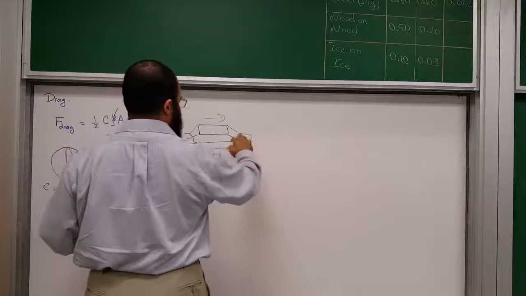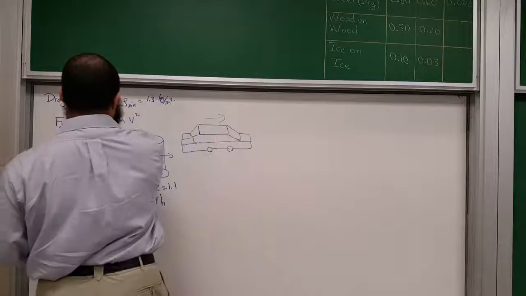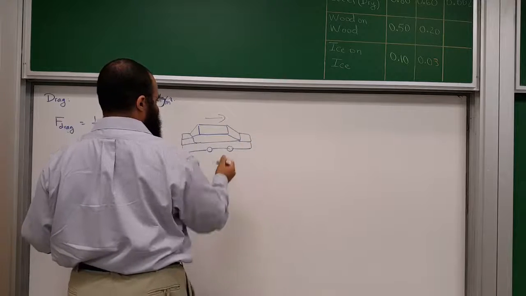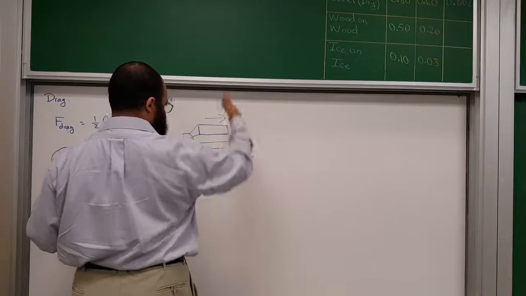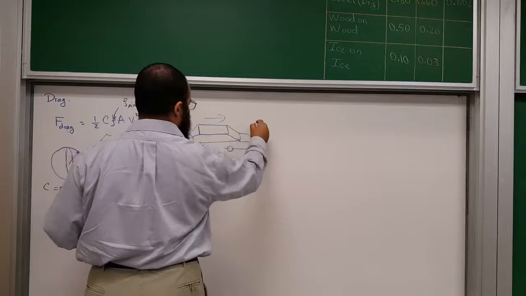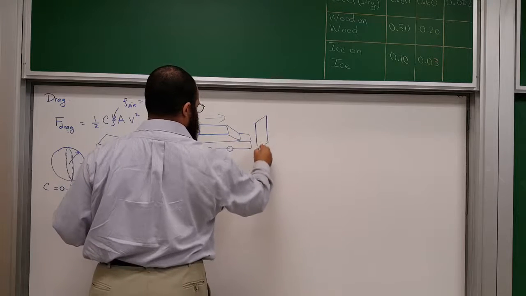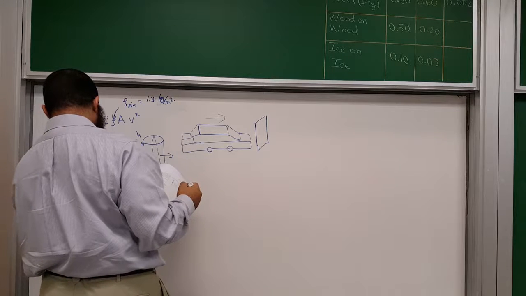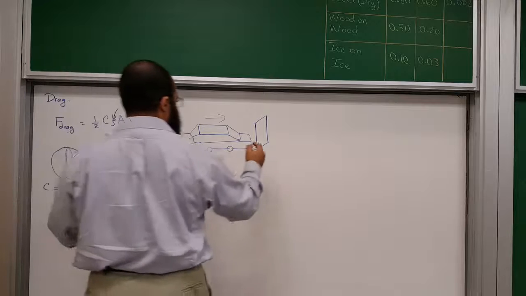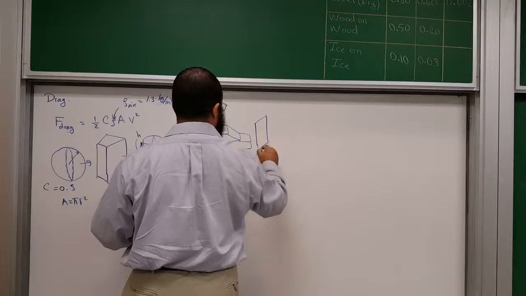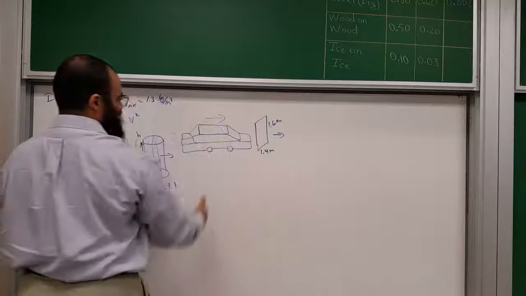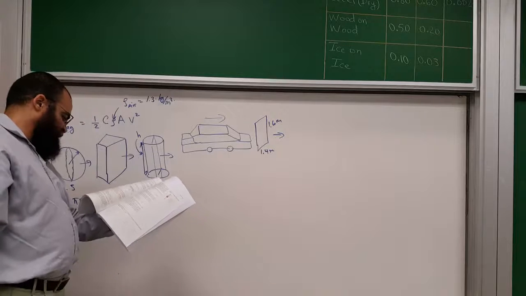The coefficient C will depend on how you shape the car, how smoothly it's made, but the area is still the cross-sectional area. The area that's facing looks basically something like that, and it is 1.6 meters wide and 1.4 meters high. That's the area that the car faces with.